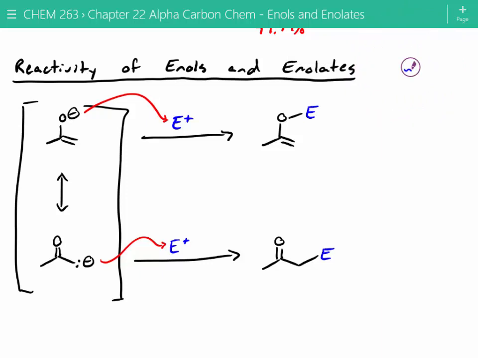And so with alpha carbon chemistry, you see it occur occasionally at the oxygen position and occasionally at the carbon position. And we'll go into this in much more detail as the chapter goes on, but it's important to remember when you deprotonate the alpha position, you're actually creating a nucleophilic site that's spread across two different atoms.